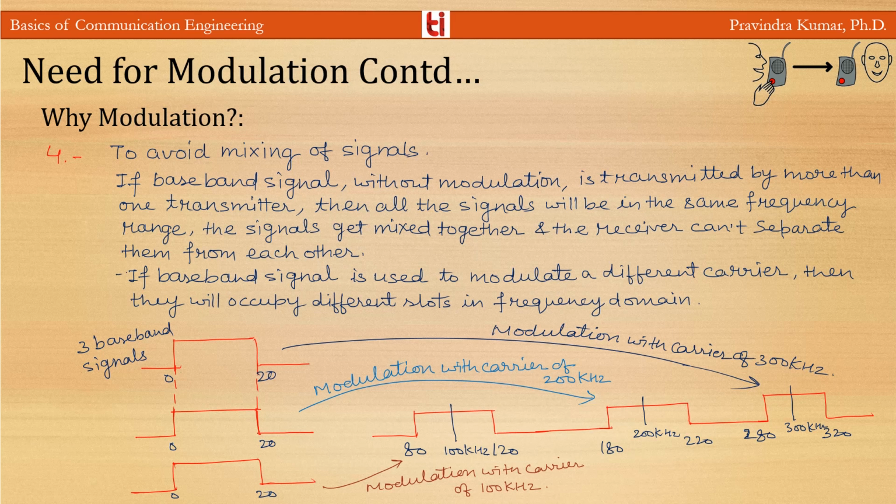Just like here, I am going to transmit three baseband signals. If I transmit these signals as they are, from different transmitters, then these signals will be mixed together and the receiver cannot separate them. But if I do the modulation, the first baseband signal I have modulated with a carrier of 300 kilohertz.